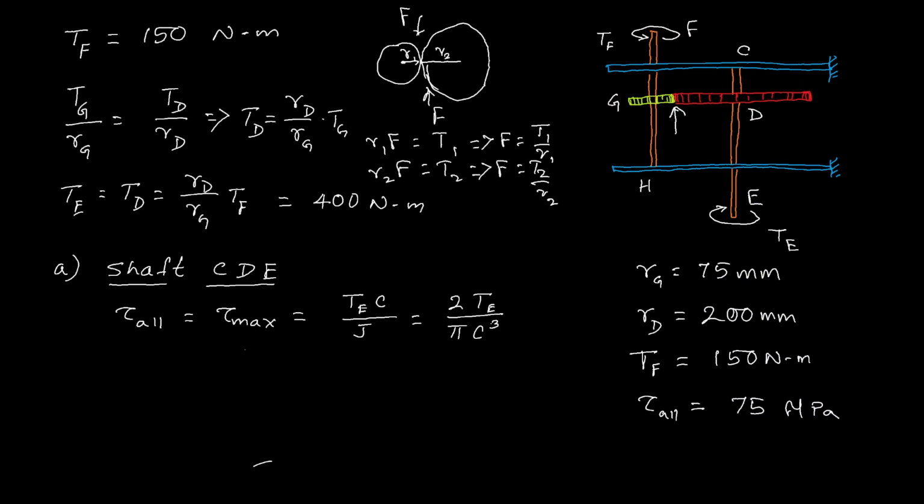From here we can calculate that C, the radius of the shaft CDE, is 15.03 mm, or the diameter of the CDE shaft is 30.1 millimeter.